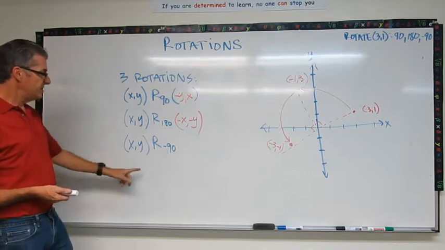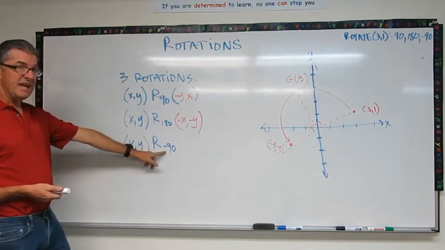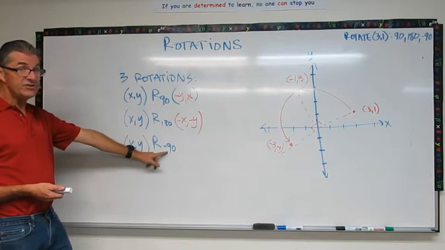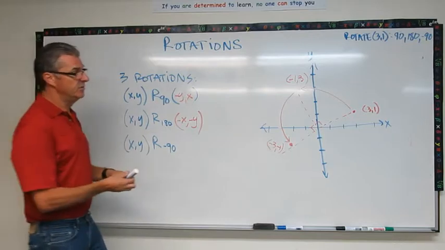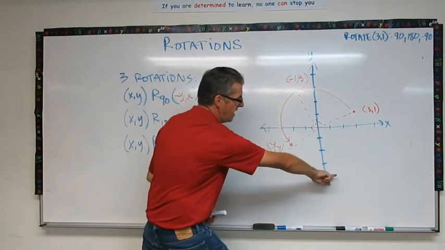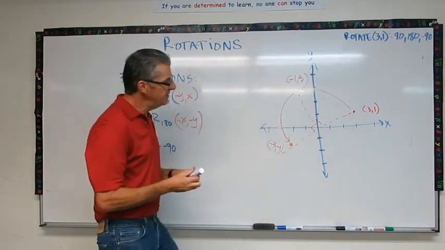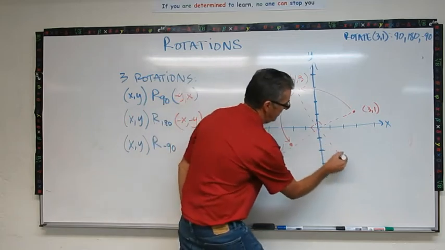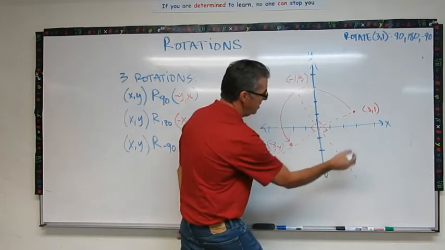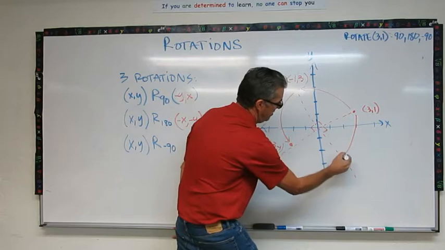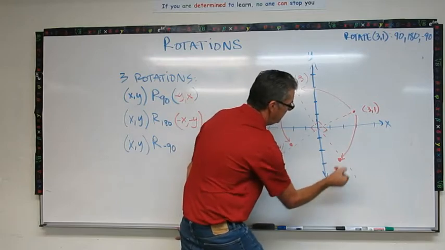Now, to finish this, notice how we're doing -90. We could also do 270, which would just be another 90 degrees around, which would get us down into here. But we can also consider that as a -90. So that's going to make a right angle right there. We're going to come on down like that. There's our point.